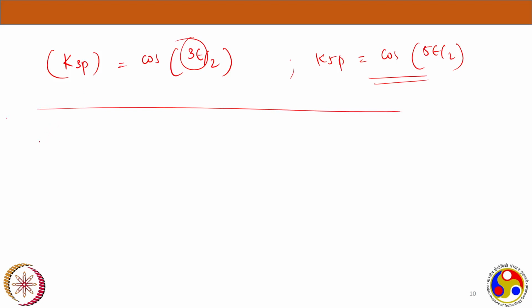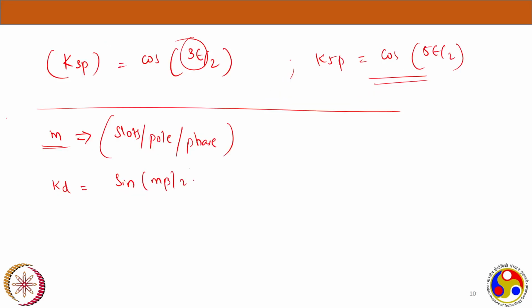Usually we call M the slots per pole per phase. We gave this notation M here, and the distribution factor we got is sine m beta by 2 divided by m sine beta by 2.